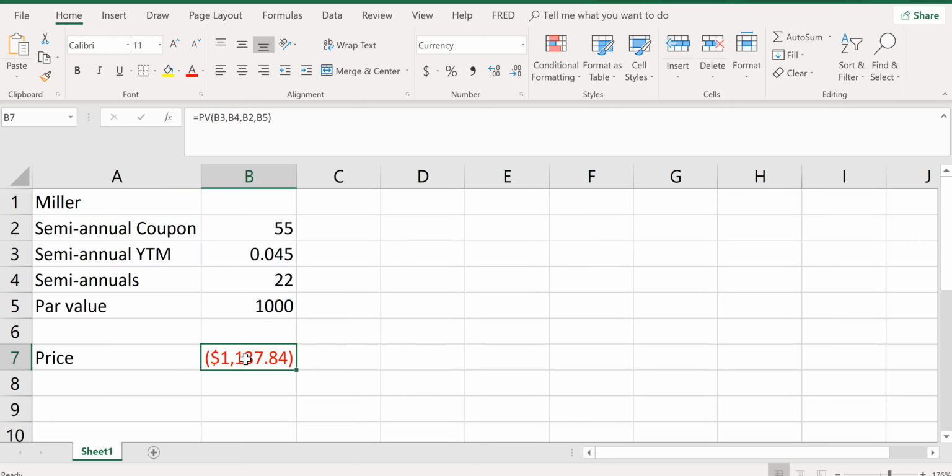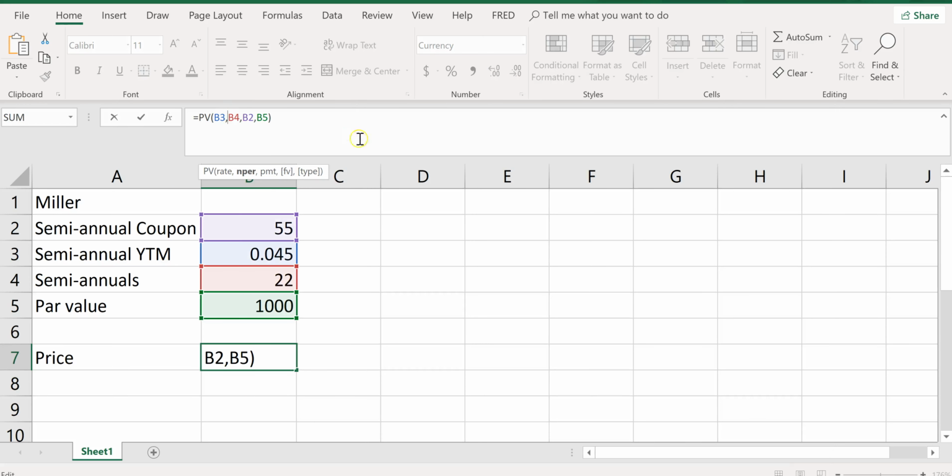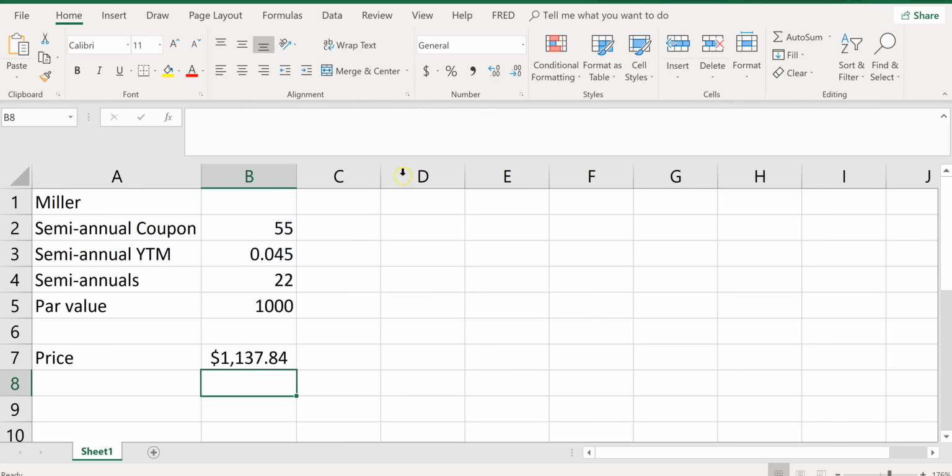And we have a negative number here because we put positive payment and positive par value. If we want to make the price a positive number, then we can set the payment and the par value to be negative. So you can see that the absolute values will not change, but the sign will change from negative to positive.